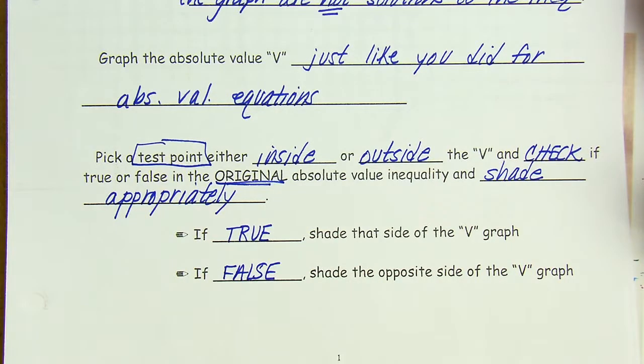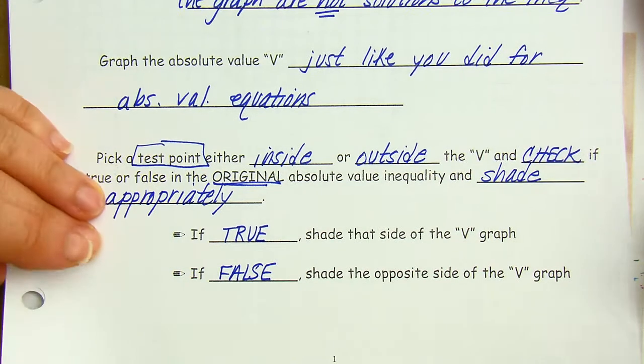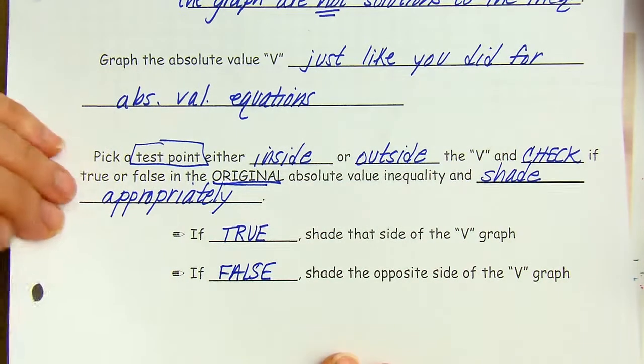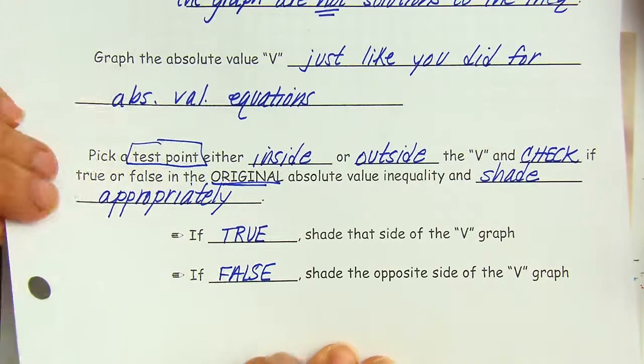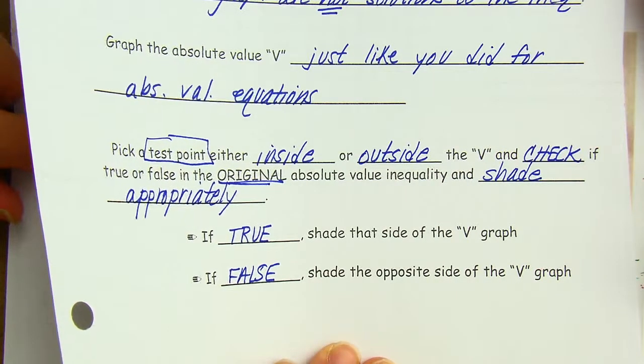So if I choose a test point inside the V-shaped graph and my result is false, then I have to shade outside. We're going to do 3 examples, and hopefully that'll give you a good jump start to completing your assignment for practice so you can be successful on an assessment.